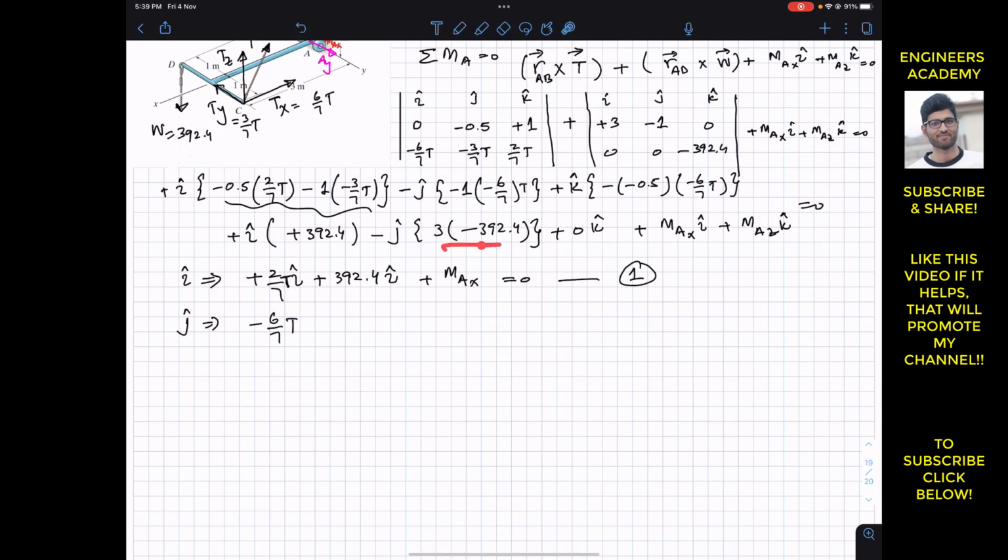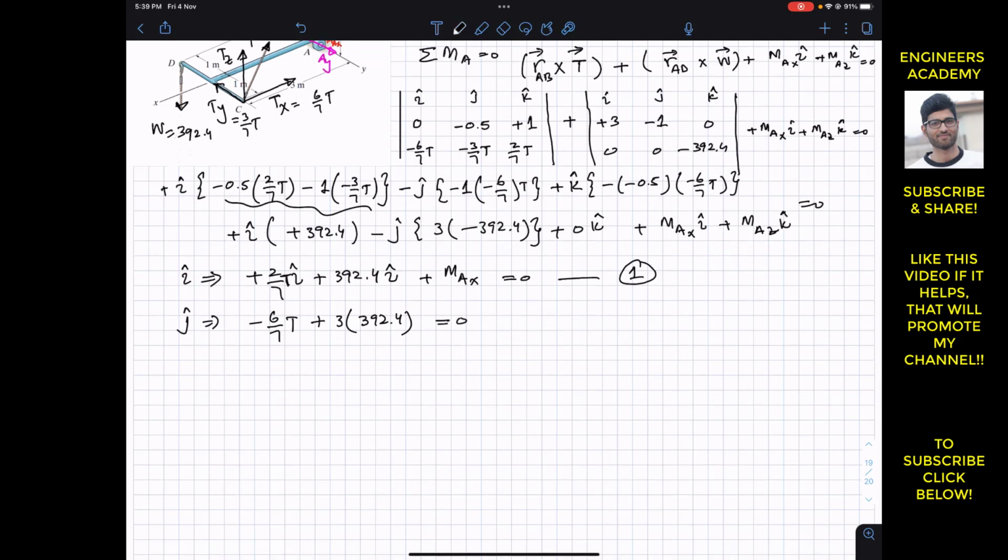Then we have minus into 3, minus and minus plus, so plus 3 into 392.4, and there is no couple, there is no reaction moment about the j-axis, so this will be equal to 0. So this is our equation 2, and in this equation we have only this t as an unknown, so we will be able to find this t.